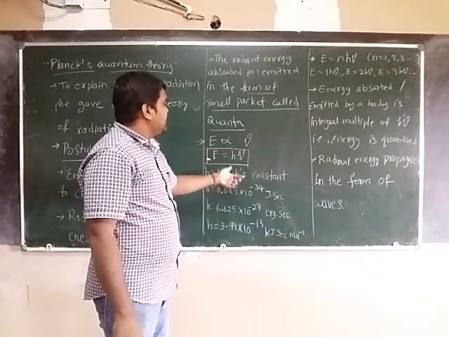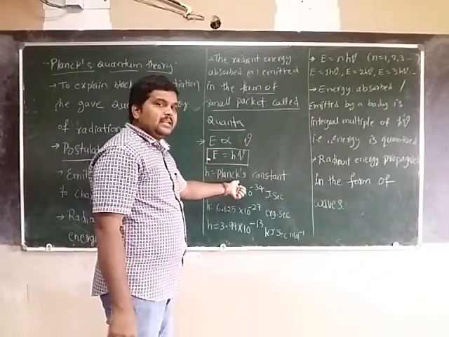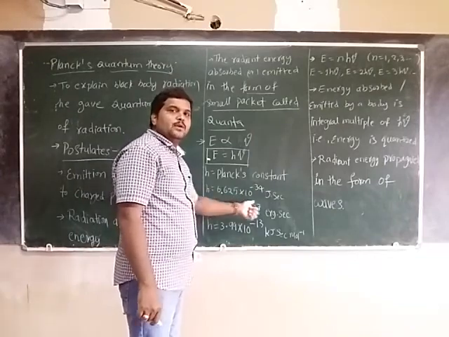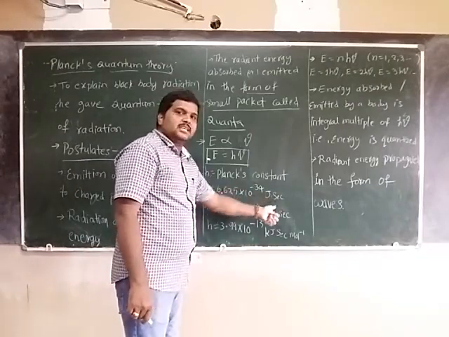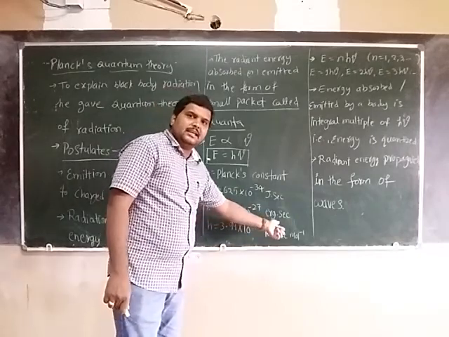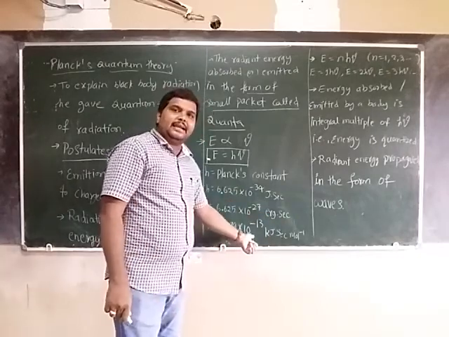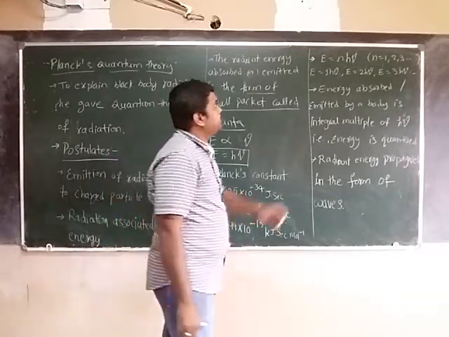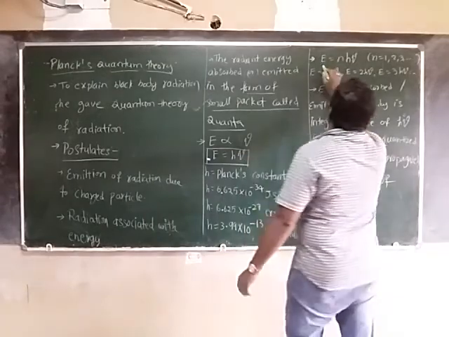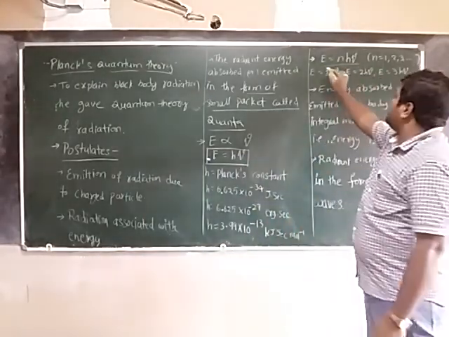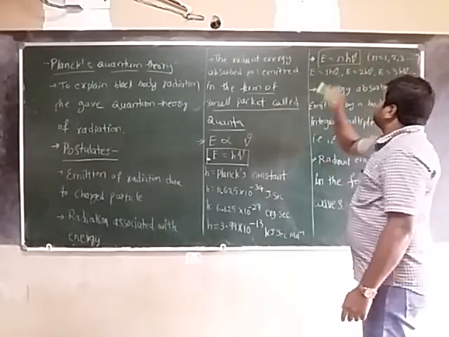So E is equal to h nu, where h is Planck's constant. Next, the energy emitted or absorbed by a body is equal to n h nu.